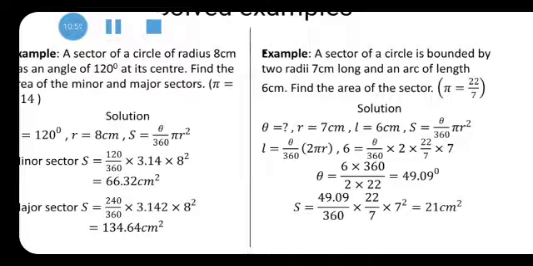This angle subtended by this arc will also be the angle subtended by the sector. Therefore, the area of the sector will be equal to 49.09 divided by 360 times 22 over 7 times 7 squared, which will give us 21 centimeters squared.